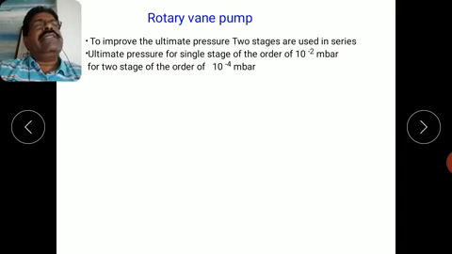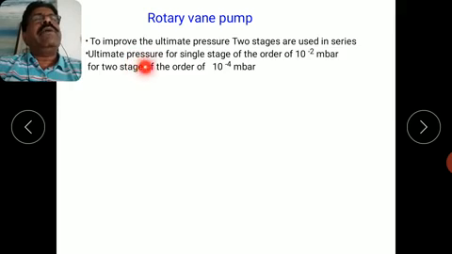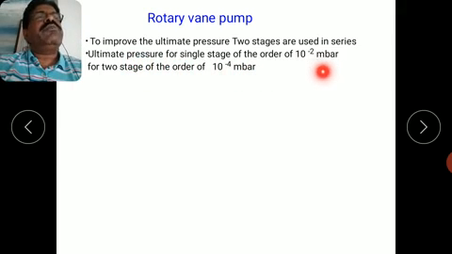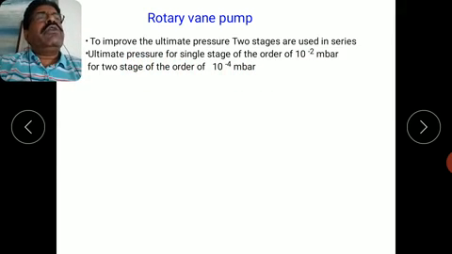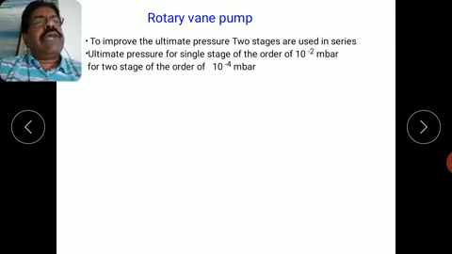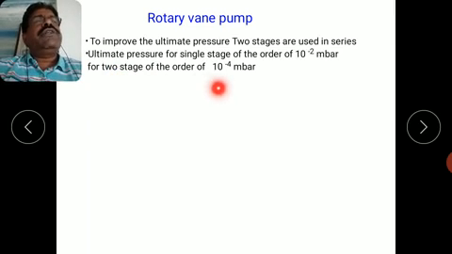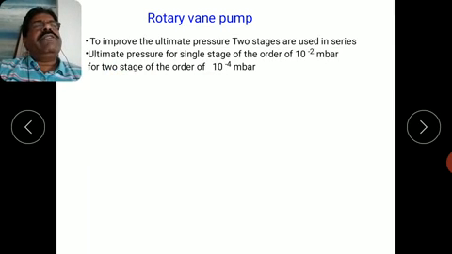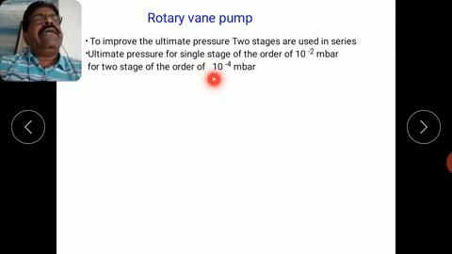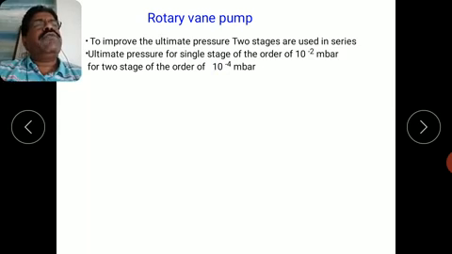So you can cascade them in a serial manner, and in this process you can improve the ultimate pressure. For example, suppose a single rotary vane pump creates an ultimate pressure of the order of 10 raised to minus 2 millibar. Then if you use a two stage rotary vane pump, connecting the two pumps in series, that can create a pressure of the order of 10 raised to minus 4 millibar.